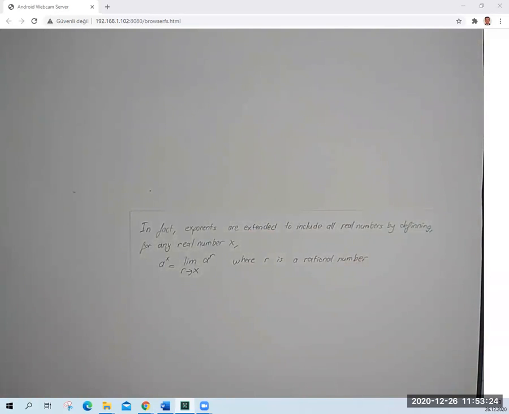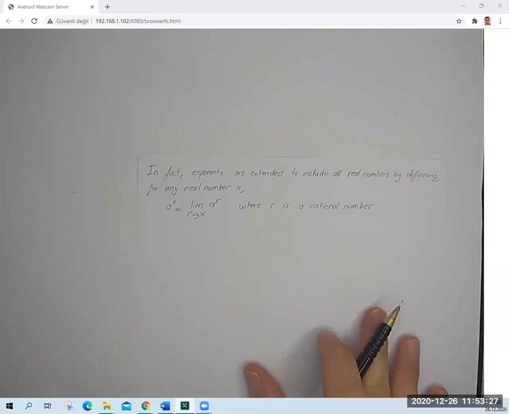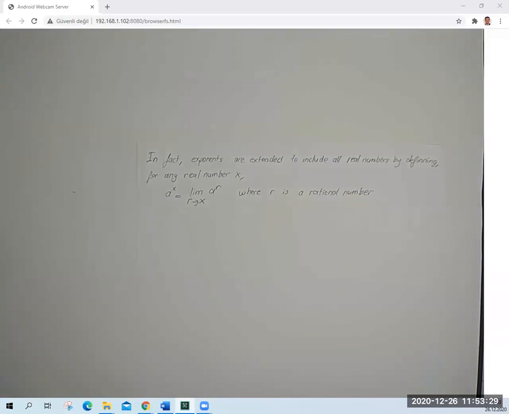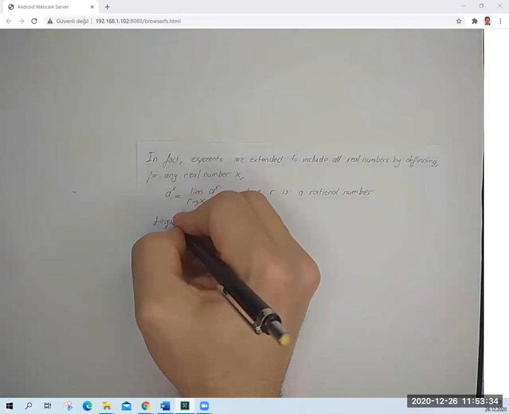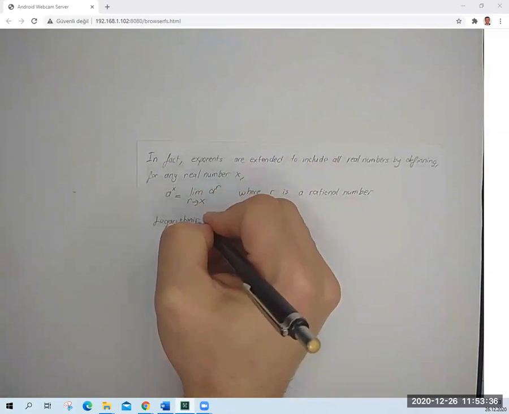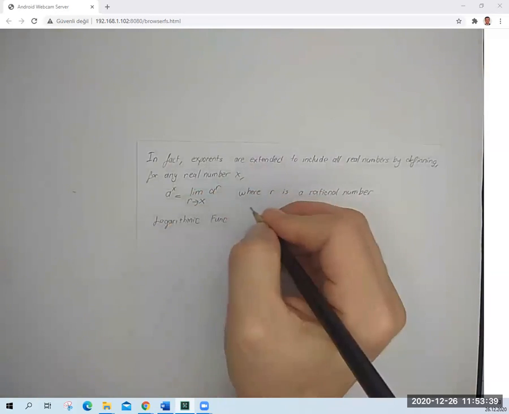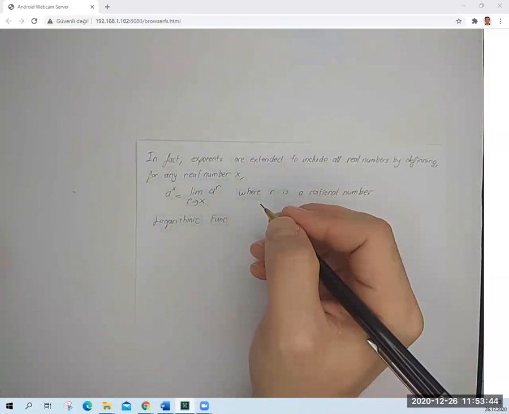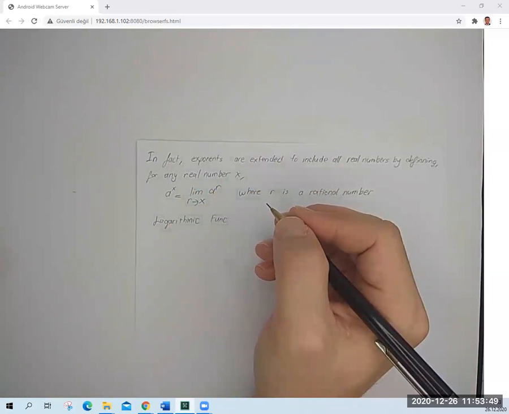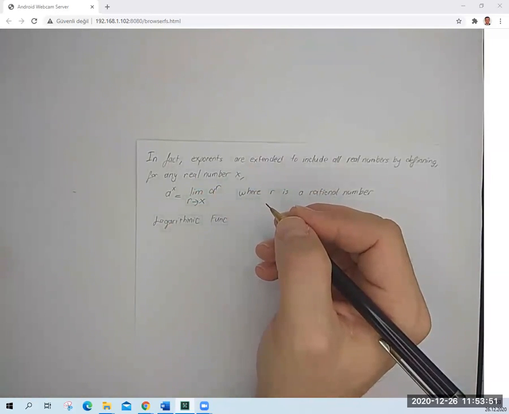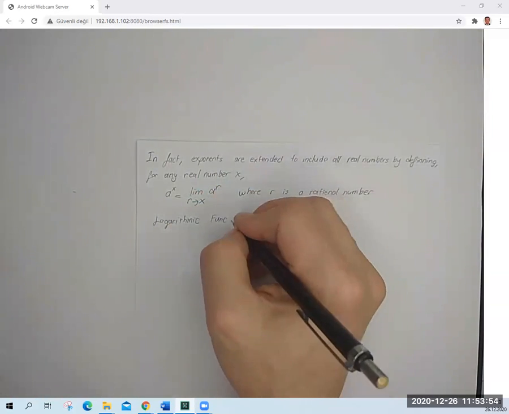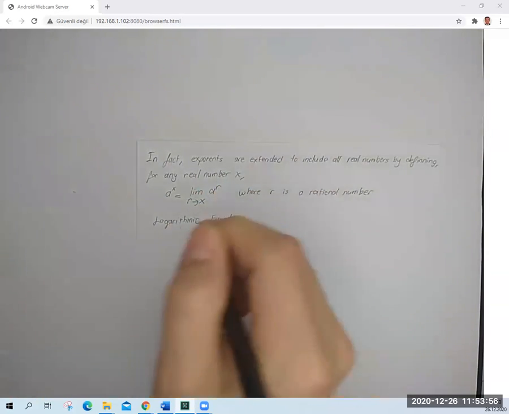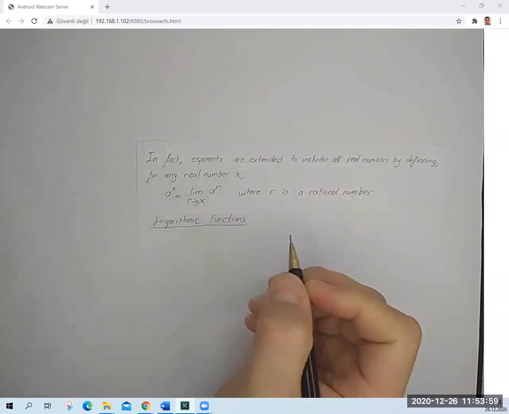And the logarithmic function, our new function. When I check the chapter titles, this is not enough to complete that chapter today, logarithmic functions.